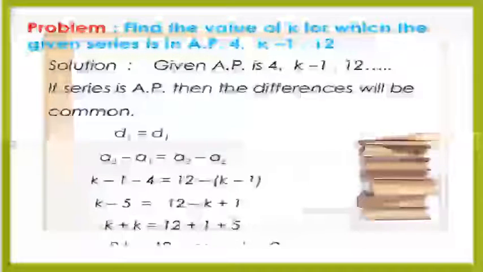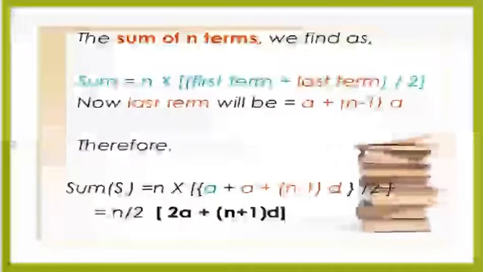Now we'll see the sum of n terms. We find the sum is equal to n into the first term plus the last term, complete bracket, divided by 2. Now the last term will be a plus n minus 1 into d.